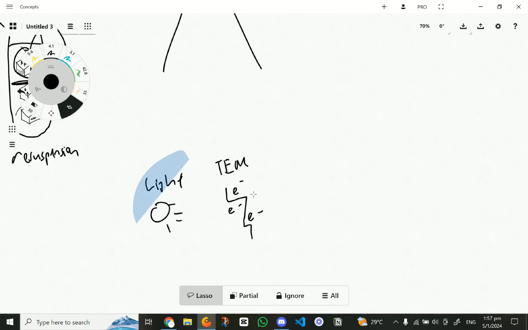I think I'll group it by function. So light is for, wait, what? I actually don't know. I just forgot about it again.